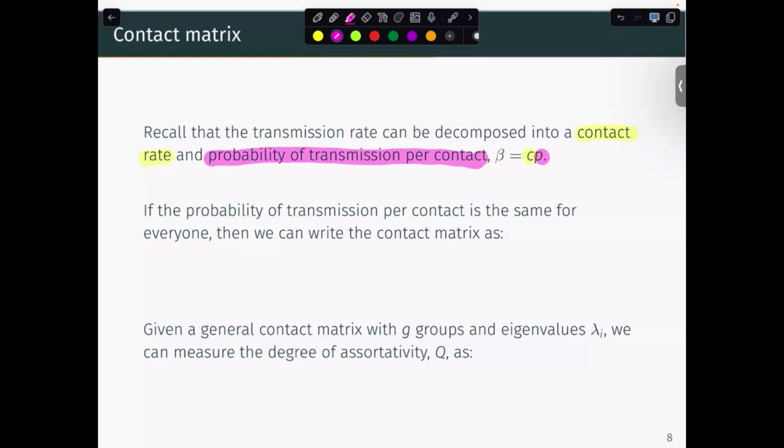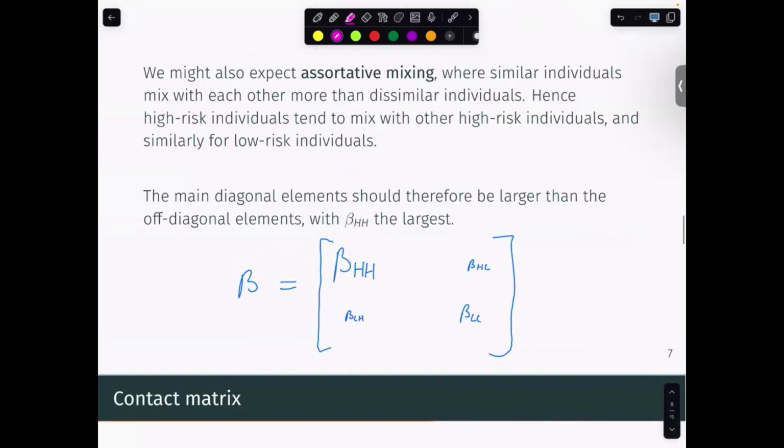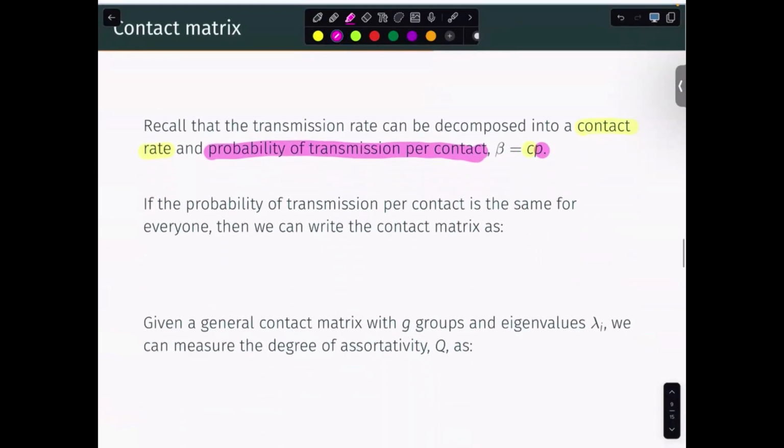So thinking about it this way, we can do the same thing with our beta matrix here. We can think about decomposing each of these terms in the matrix into a contact rate and a probability of transmission per contact. Now, if we assume that this risky behavior is all about just contact rates, and isn't anything to do with actual behavior.